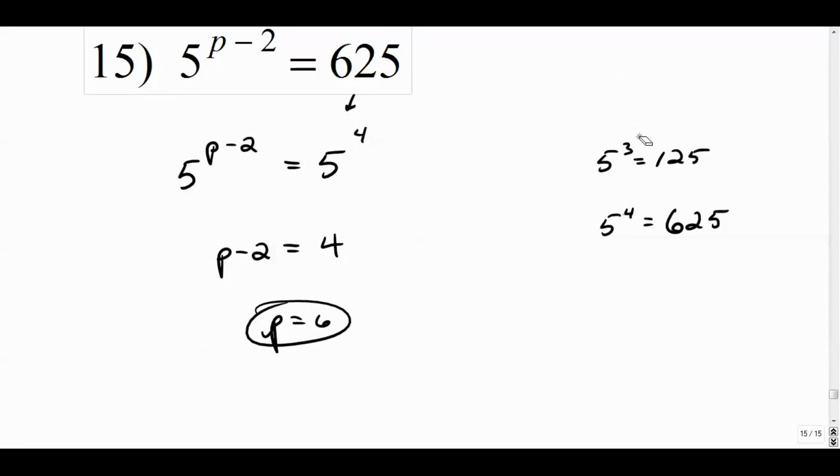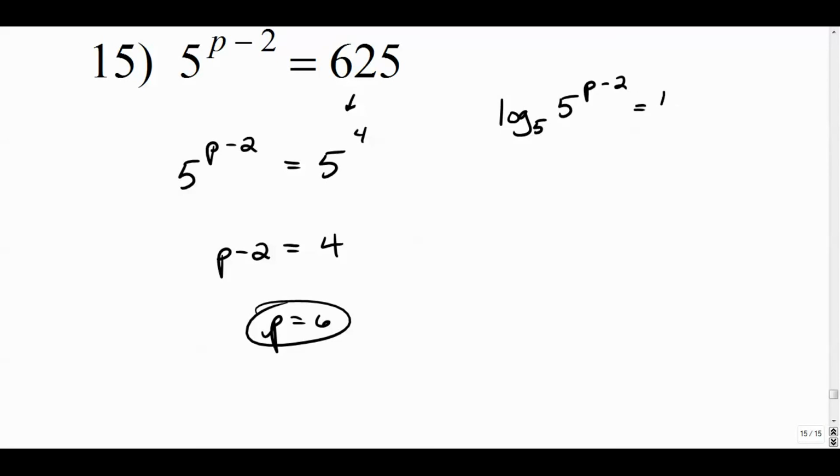And if you didn't see it that way, that's okay. You can take log base 5 to both sides. So these cancel out. P minus 2 is equal to log base 5 of 625.